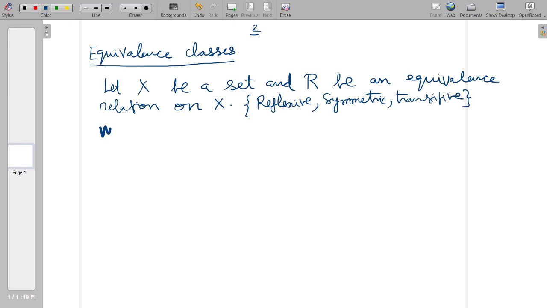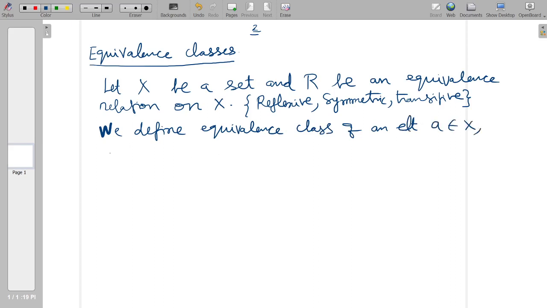Okay, we define the equivalence class of an element A in X, denoted by [A] within square brackets or R of A, both are the same.